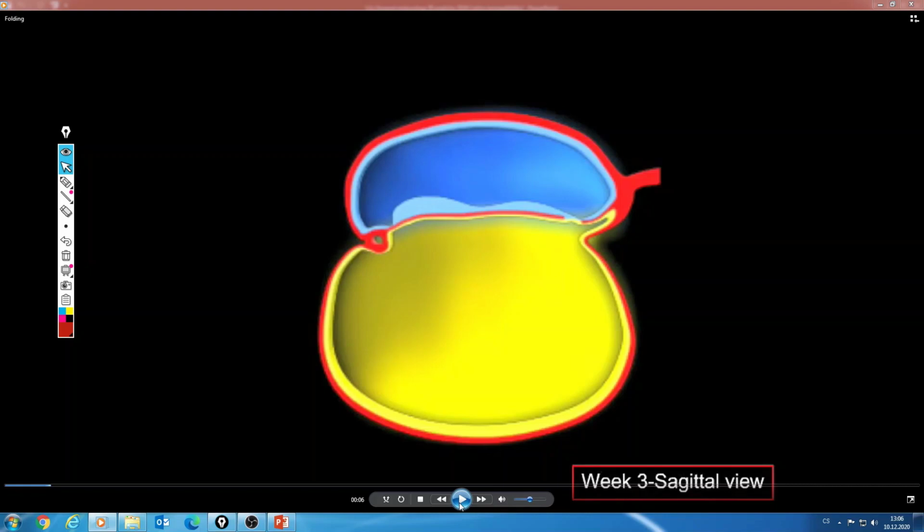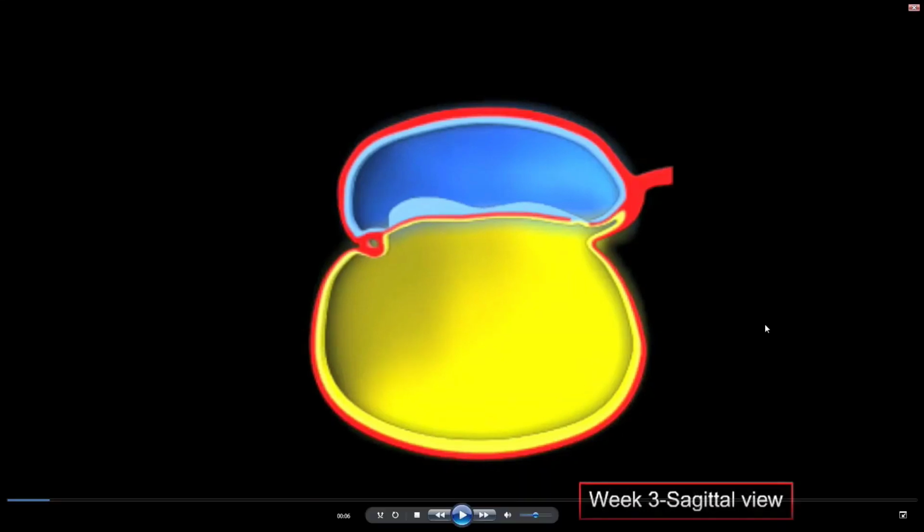What we can see right now is a trilaminar embryo over here, and we have the amniotic cavity over here. This blue one is the amniotic cavity on the top and the yolk sac at the bottom.